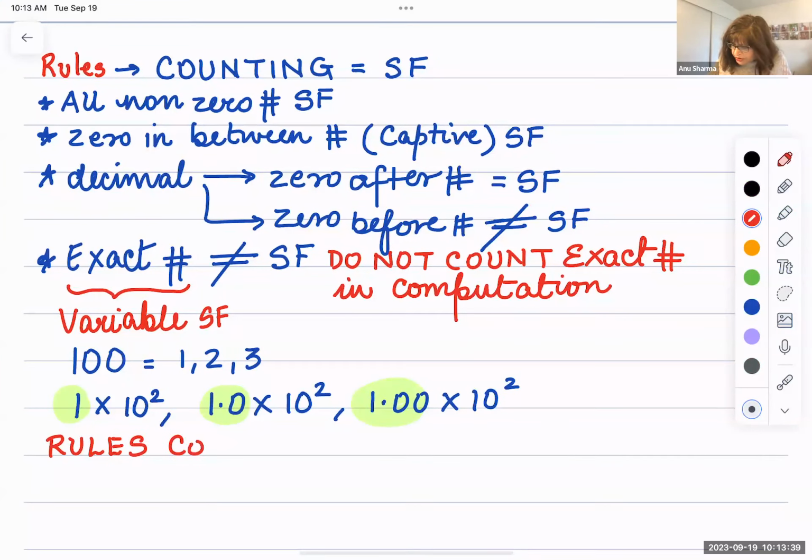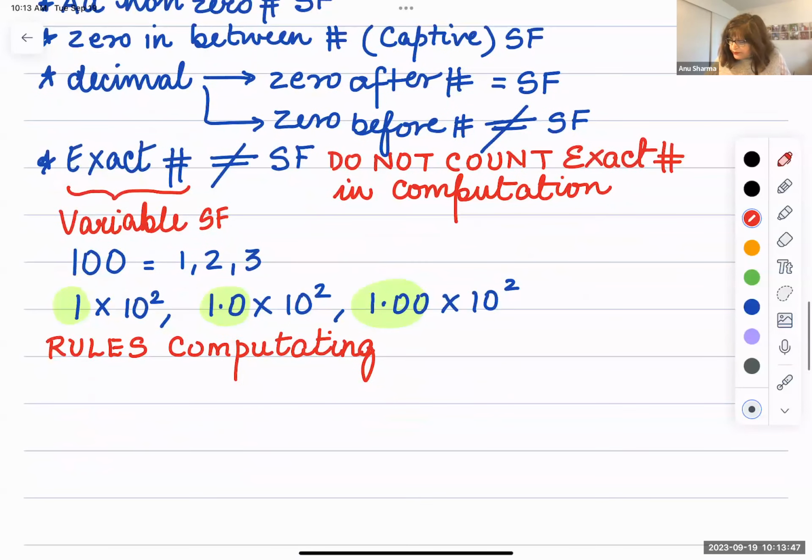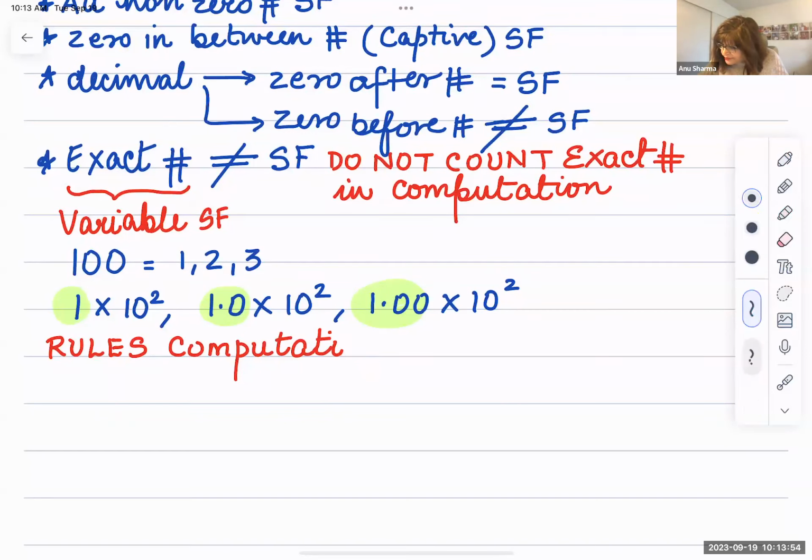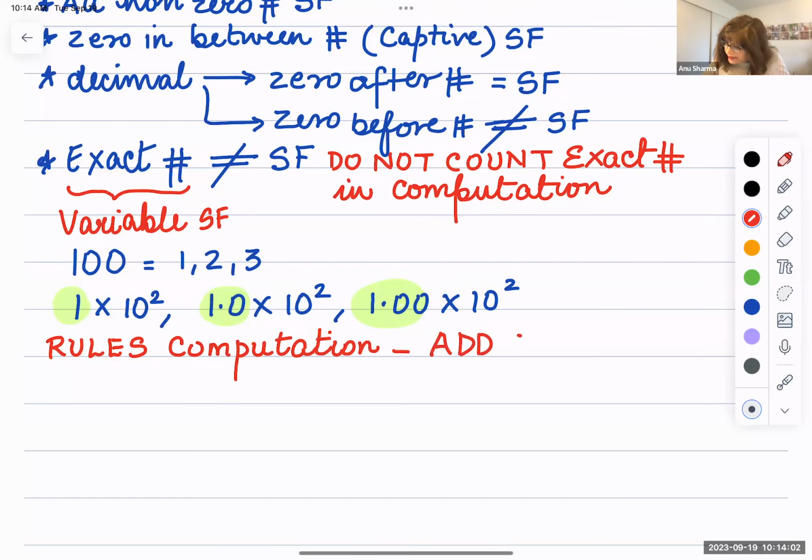When you are adding and subtracting, what happens? So what is that rule?